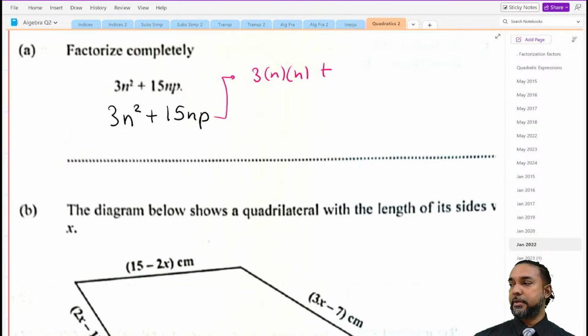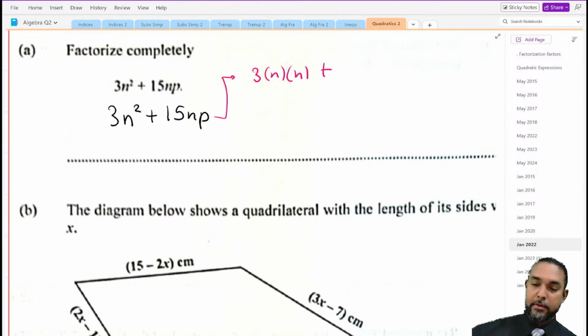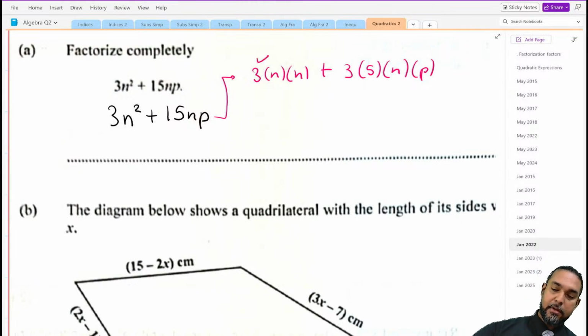Can we express 15 as 3 by something? 3 by 5, right? So we could do 3 by 5 by n by p. So what's common here? 3 and the n. Let's pull that as a common factor. So 3n. When you pull the 3n, what's left? N plus 5p.